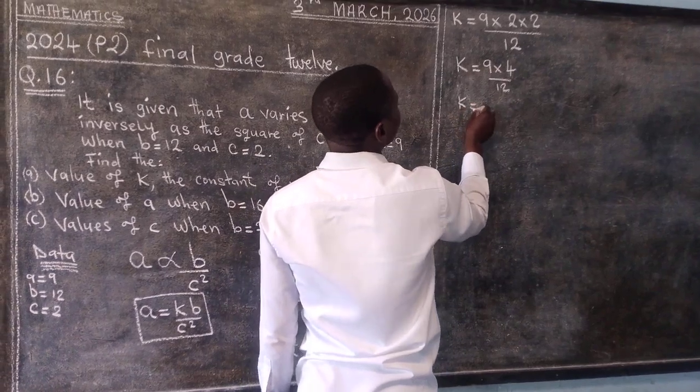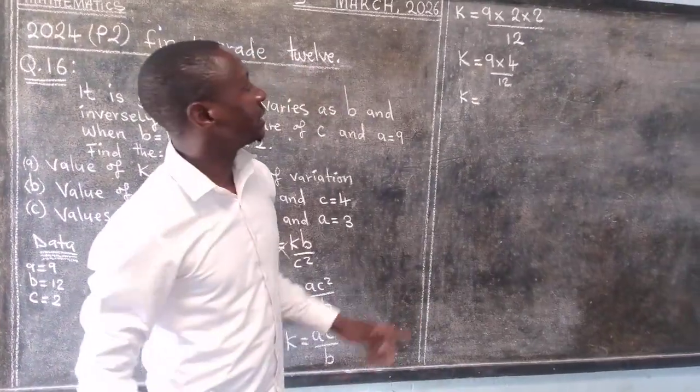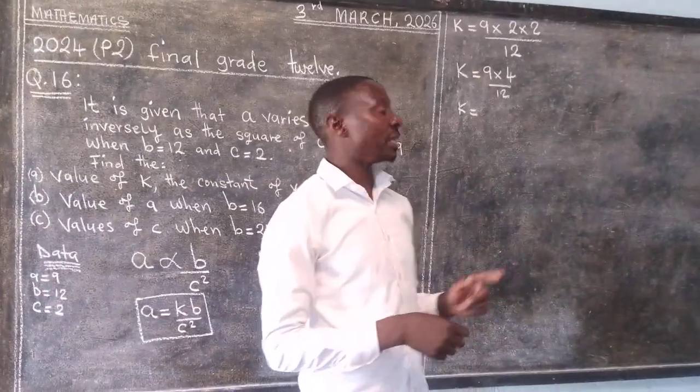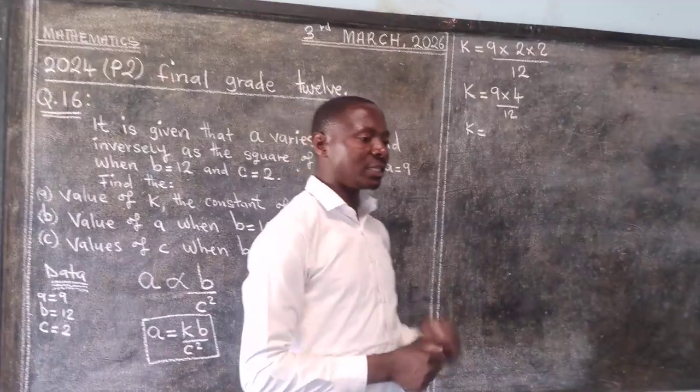Constant is equals to, if I'm too fast, please tell me so that I relax. But when you are speedy, you will see that even mathematics will be very easy for you. Why?